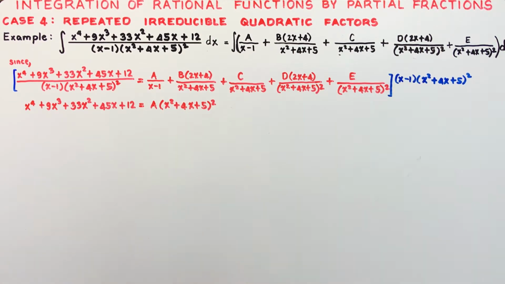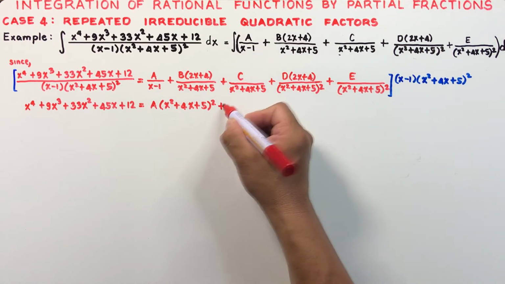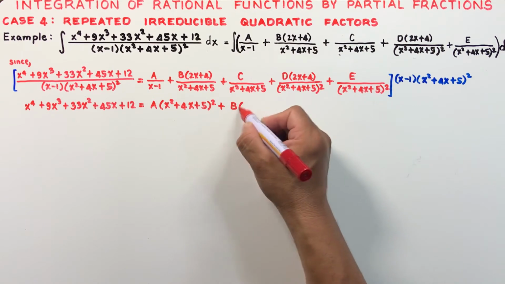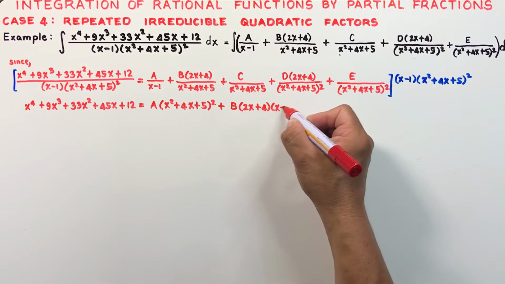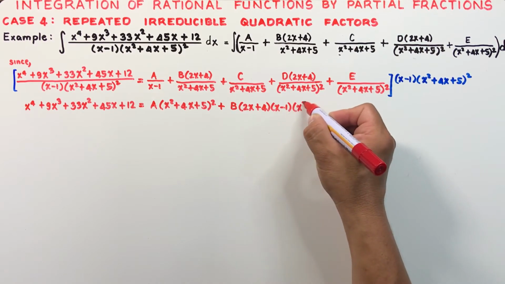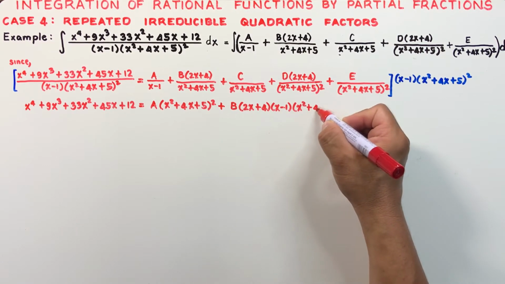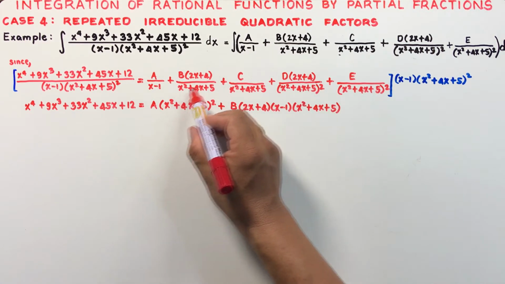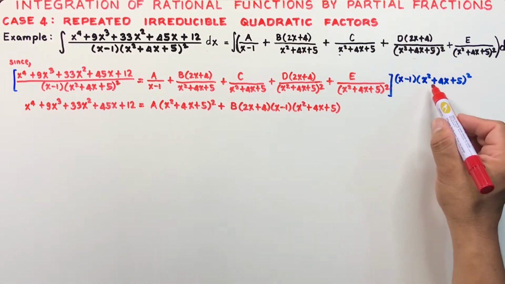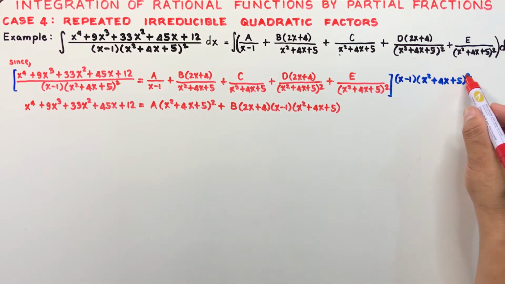cancels with this one, and this is added to b times (2x plus 4) times (x minus 1) times (x squared plus 4x plus 5), because this quadratic in the denominator will cancel with 1 quadratic here.